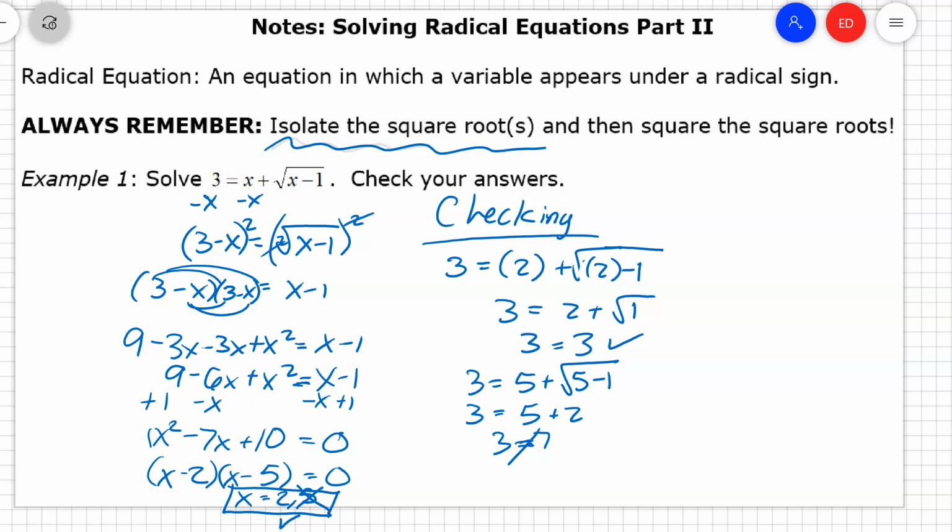And mathematically, when we think about this, I'm just going to draw a parent square root. What happens is, I need to draw a square root that actually has a vertical shift because we have 2 solutions. And what happens is we need that positive and negative x value. So when we reflect, we're going to end up with either a positive or negative x value depending upon what's going on.